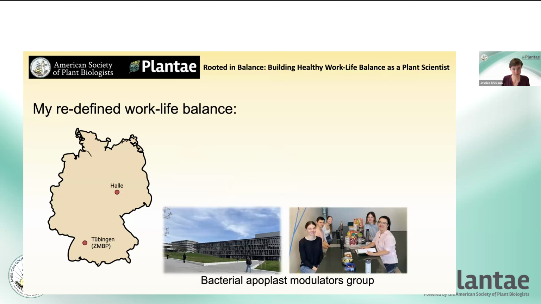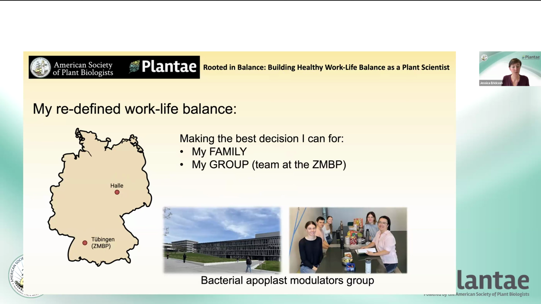So my redefined work-life balance has been making the best decision I can at a given time for my family and my group, which I definitely consider my science, and then for myself. And I realize that I have to make those decisions and be okay with those decisions. And I'm not always good at that, but that's part of learning balance, I think.